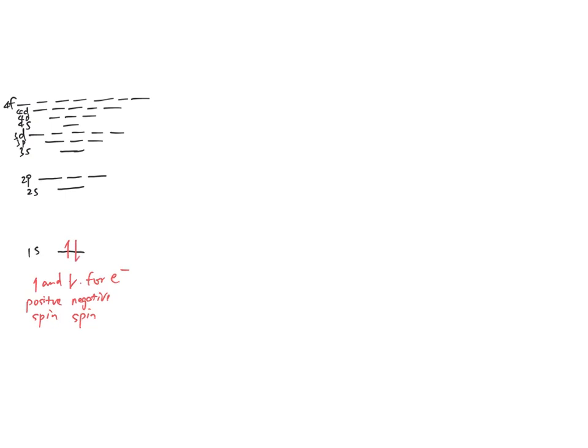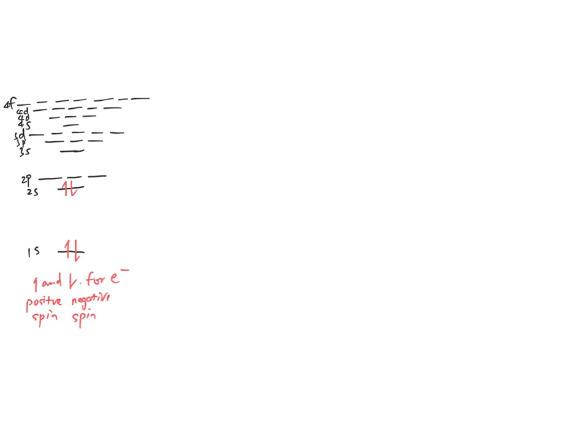Now, what about the second electron? The second electron still needs to fill up the lower energy, 1s is the lowest energy, before you can go on to the next level. So that's 2 electrons, 3 electrons, 4 electrons. And then your 5th electron is going on 2p.